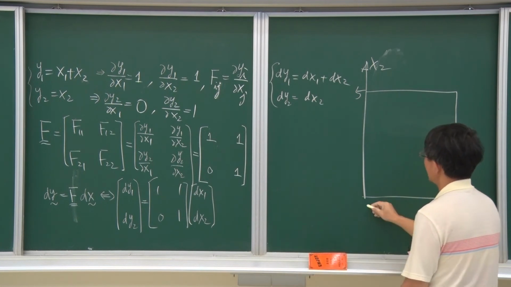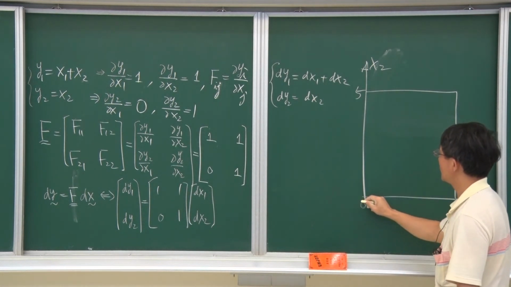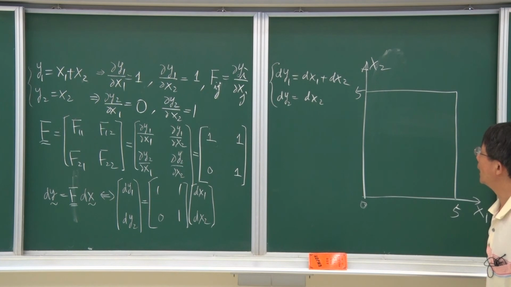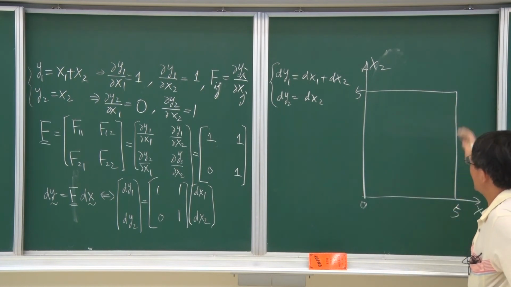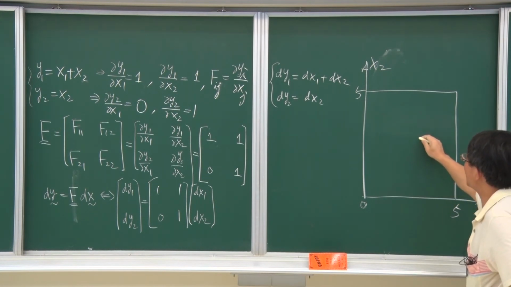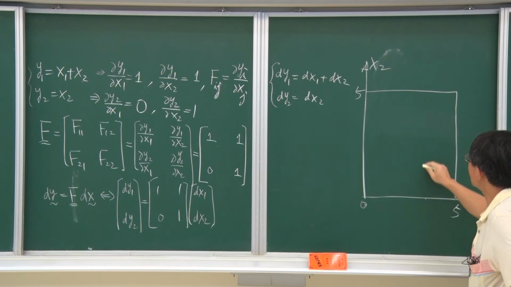For example, we look at a square plate with a boundary of 5 by 5, and we look at the point 3, 2.